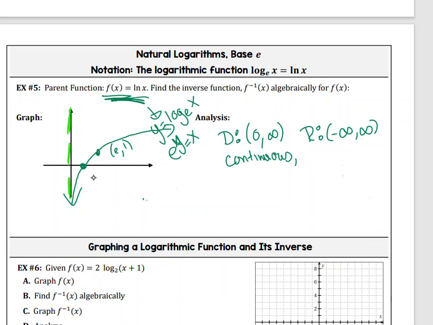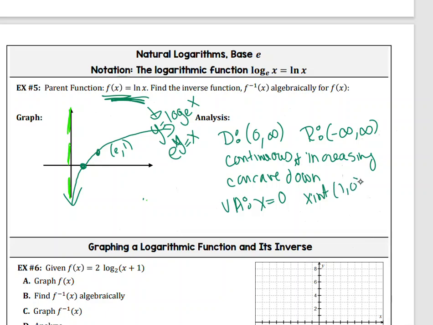And it is increasing, right? You can see that part of the frown right here, so it's concave down. It has a vertical asymptote, that's x equals 0. We already talked about that. It has an x-intercept, which is at 1, 0.